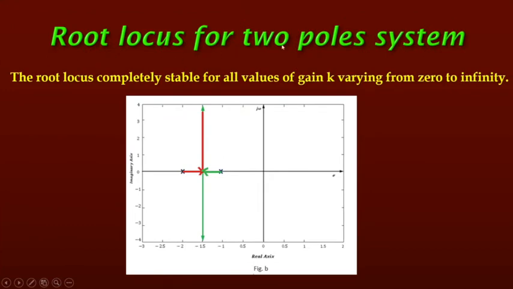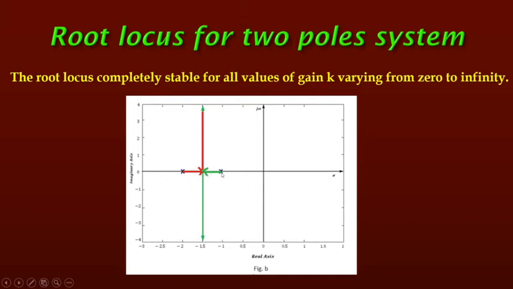Root locus for a two-pole system. Now, let us introduce a subsystem so that the modified system has two poles on the left hand side, that means on the negative real axis of the S-plane. This modified system root locus also lies completely in the left hand side of the S-plane.